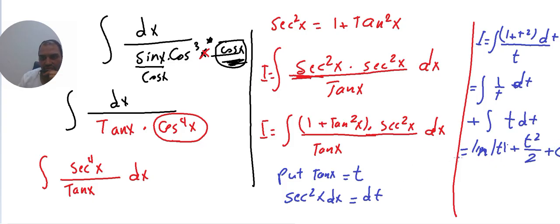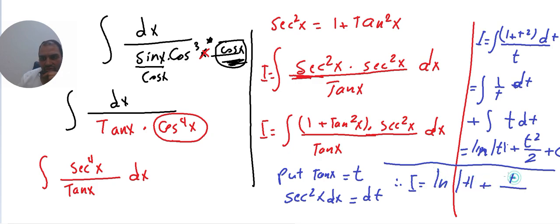So the integration will be ln absolute value of t plus t power 2 over 2 plus constant.